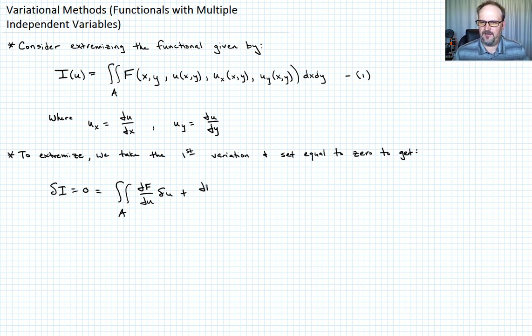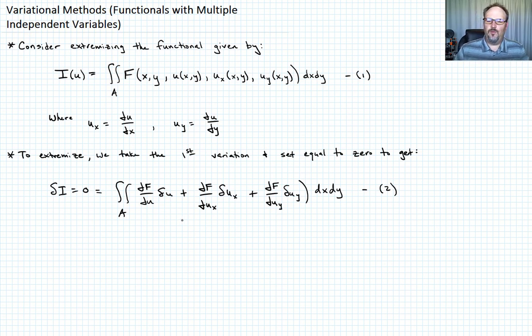And then partial f with respect to ux times delta ux, plus partial f with respect to uy, remember this is partial with respect to y, times delta uy, right? So that is our first variation, dx dy. Call that equation 2.